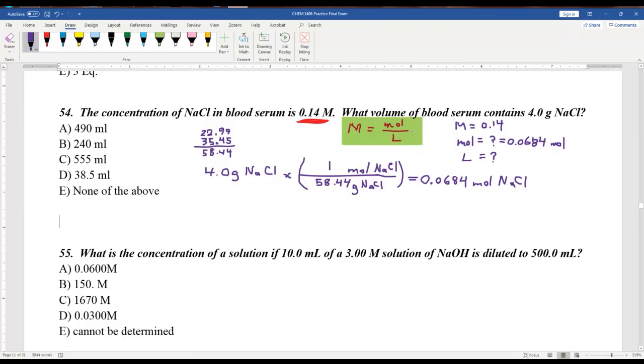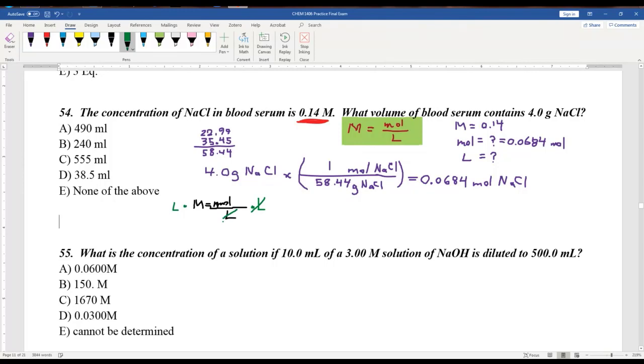So if I take this equation, molarity is equal to moles over liters, and I want to solve for liters, I'm going to have to multiply both sides by liters to get it out of the denominator.